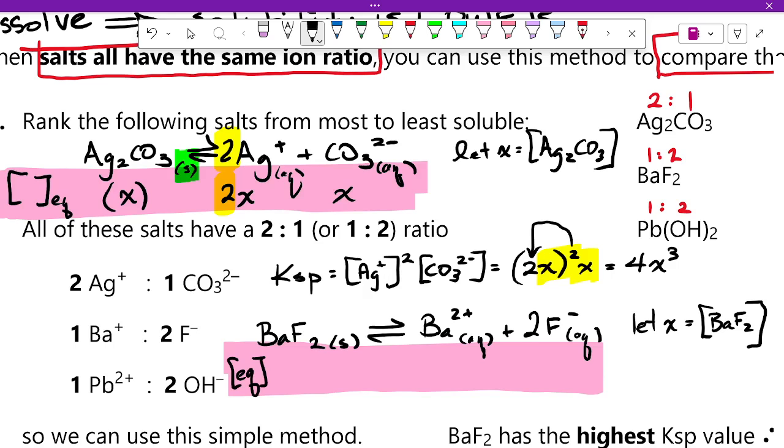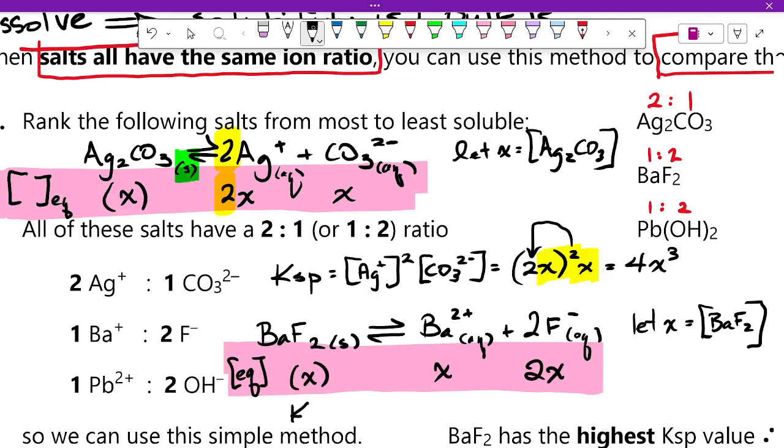What would go under the BaF2? X, and we're going to put it in brackets because it's a solid, because it doesn't really have a concentration, but it does. And what would go under the barium? X. And what would go under fluoride? 2x.